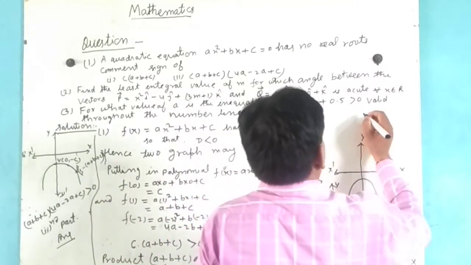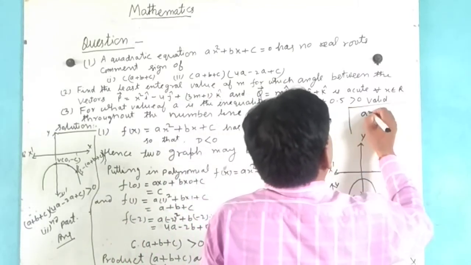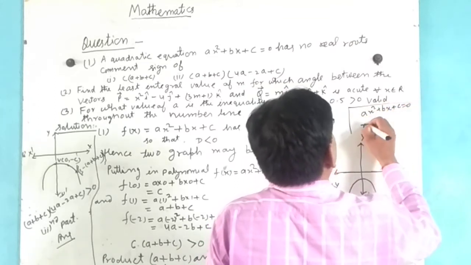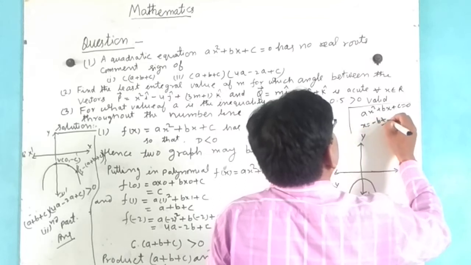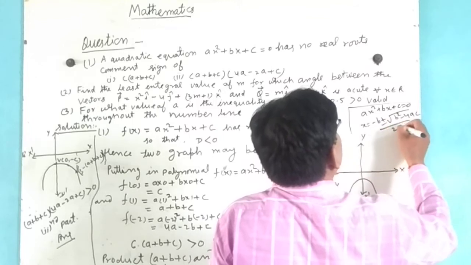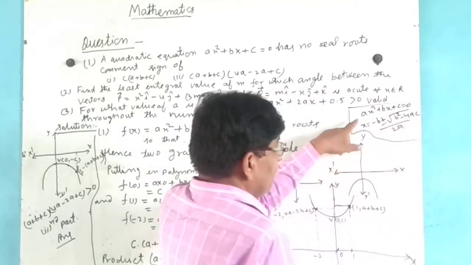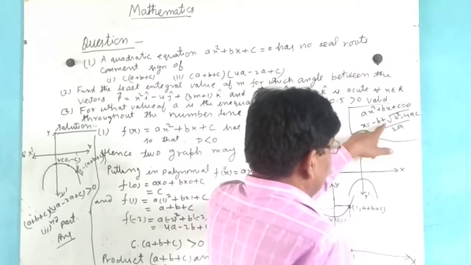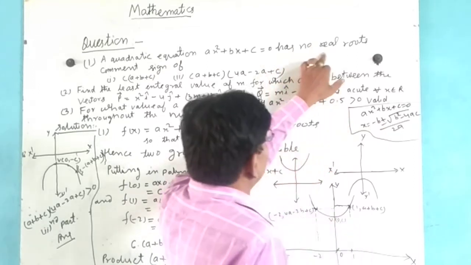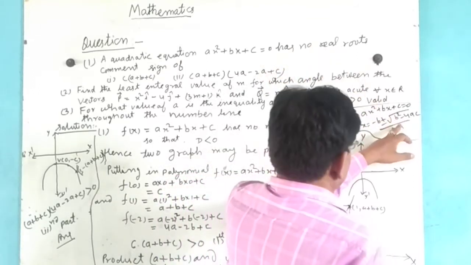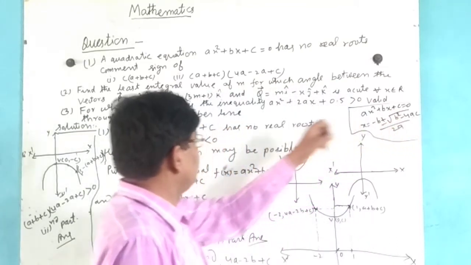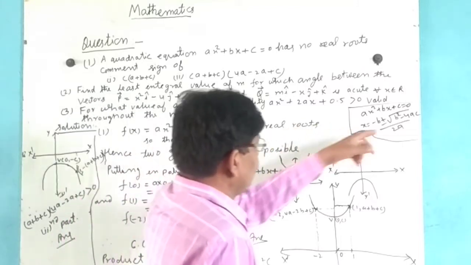As we know, for ax² + bx + c = 0, x = (−b ± √(b² − 4ac))/2a. One root is taking plus and another root taking minus, and here it has no real root. It means that the value of D, that is b² − 4ac, is less than 0.